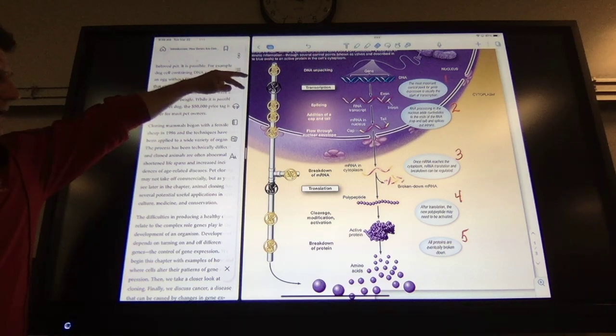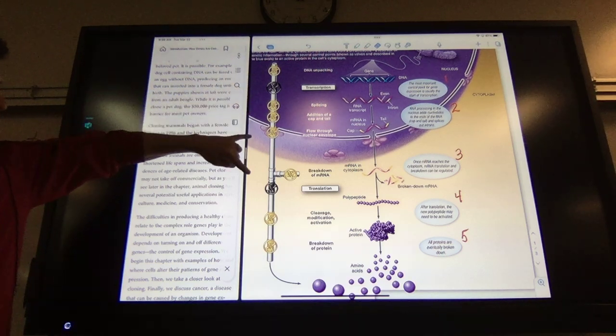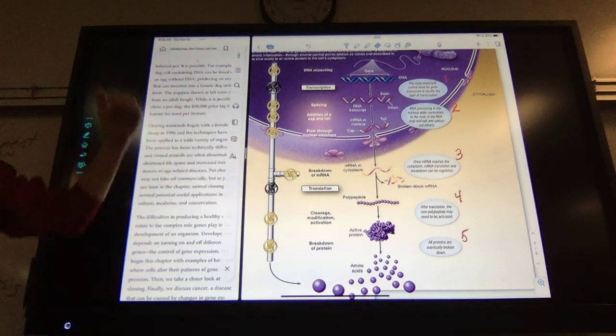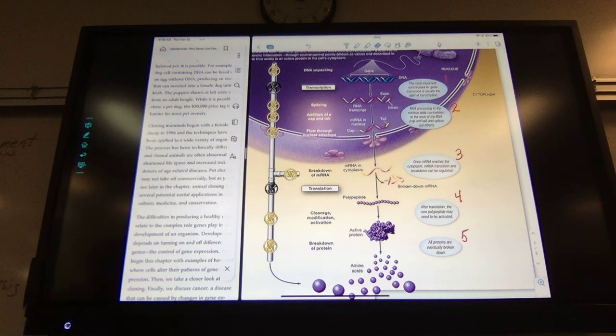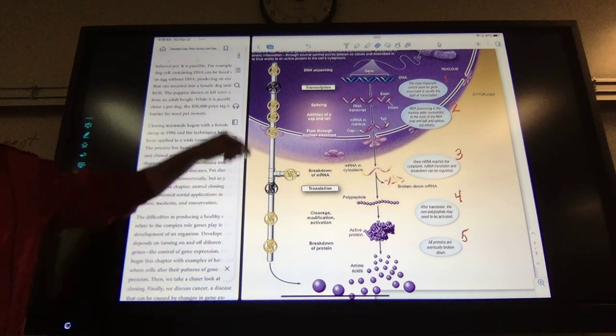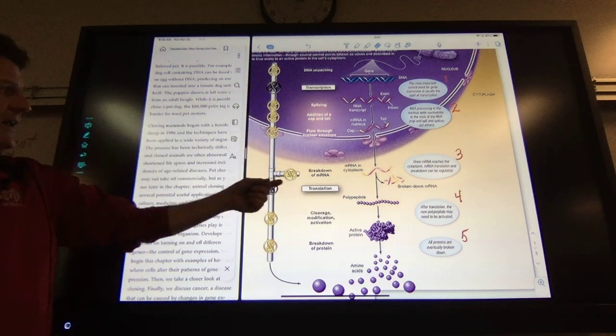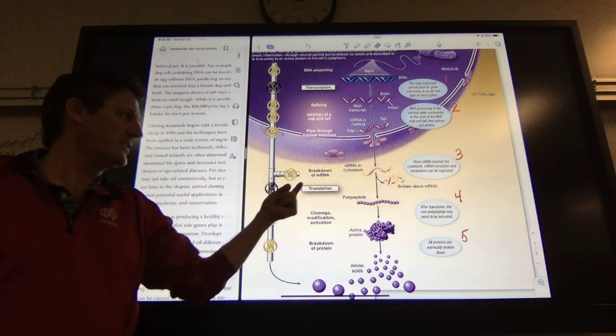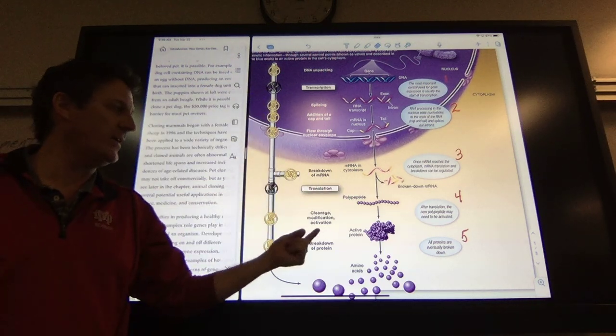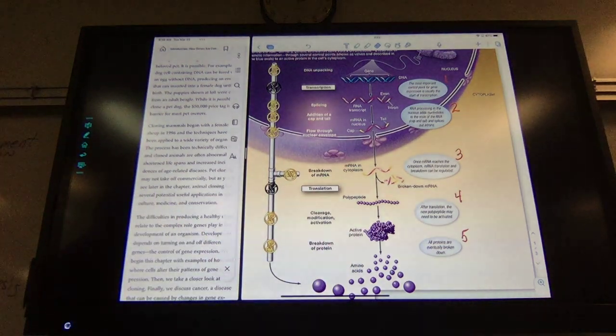There are, I think it was 9. 2, 4, 6, 8, 9. There are 9 controls that can shut off the expression of the gene from the very beginning so that transcription doesn't even happen. And then if you have messenger RNA, we can shut it down in 4 ways down here so that you never get to a protein.